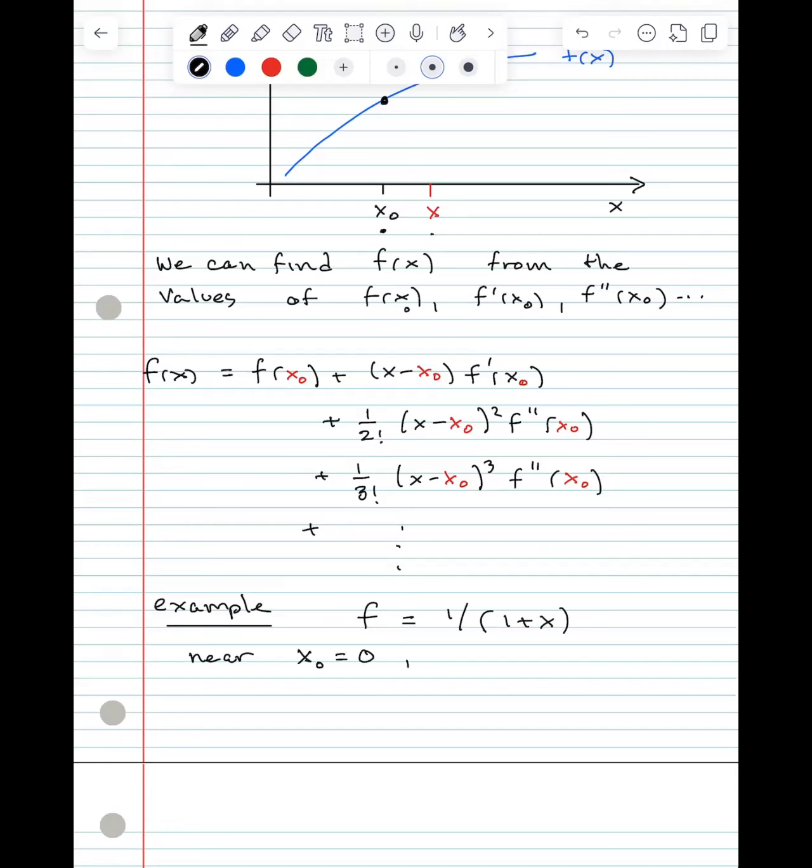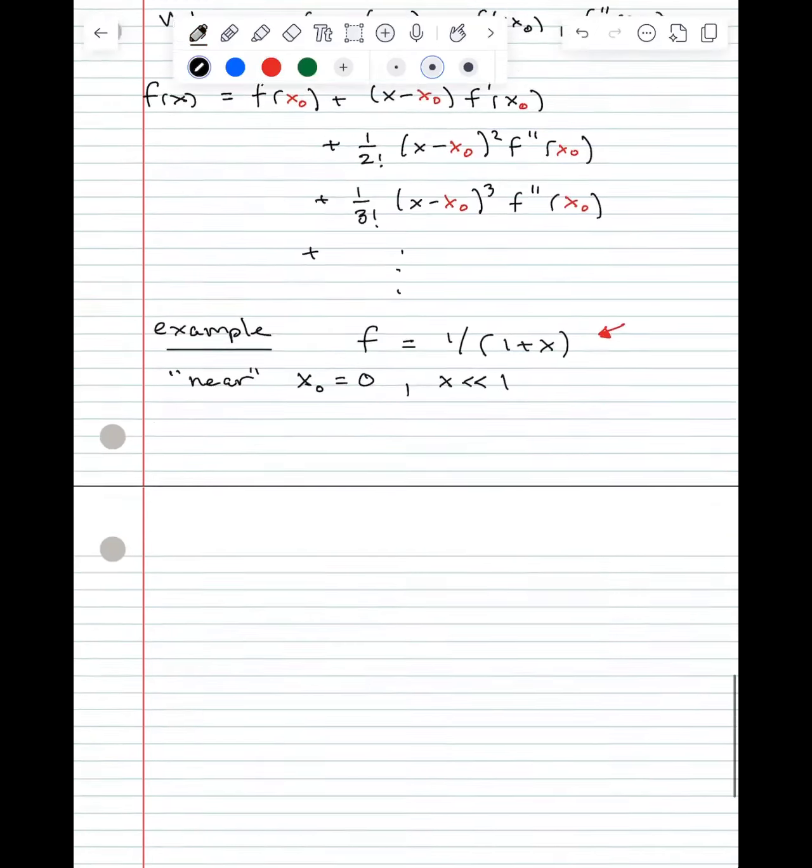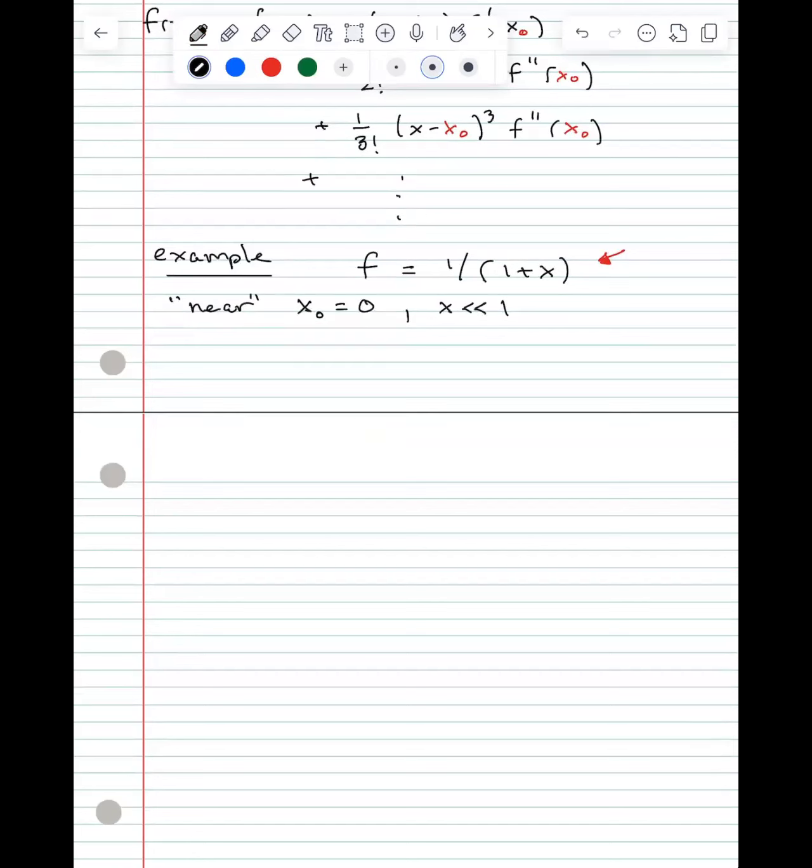And we want to be close by so that x is much, much less than 1. Well, normally we'd have to use a calculator to evaluate this. And the result is kind of messy. So it'd be nice to have a simpler approximate expression. Well, to do this, we only need to work a few things out.